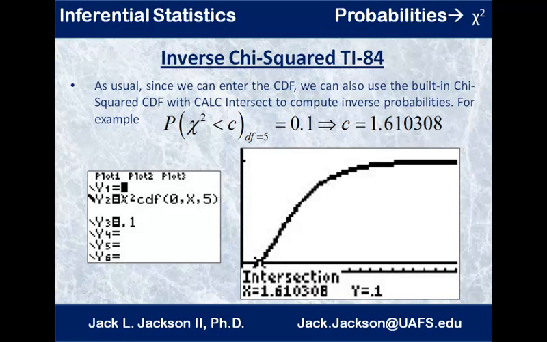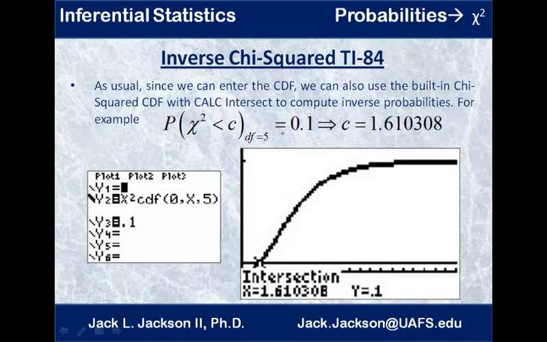We know how to do this. So, for example, if we were given the cumulative probability as 0.1, that is, the probability that chi-square is less than some constant c, again at 5 degrees of freedom, is 0.1, we can take our chi-square CDF, again the dark increasing curve here. We graph the y value of 0.1, which is, remember on this curve, y values are cumulative probabilities.